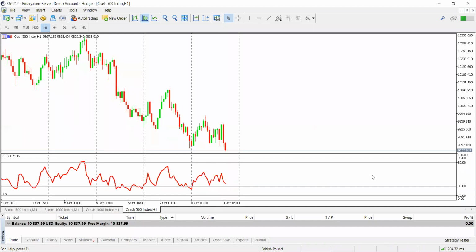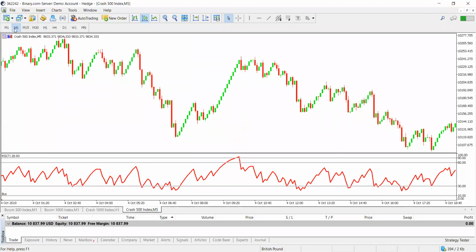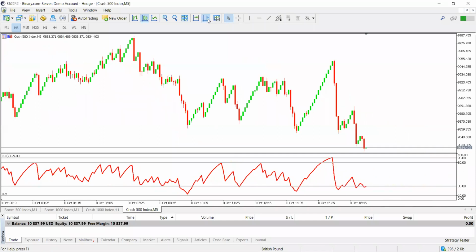So how I label my levels: I will look at this 1 hour chart. I trade off from the 5-minute charts. So when I am on the 5-minute charts, I will look at the highest points. For instance, you can see at 90, the crash was sold.